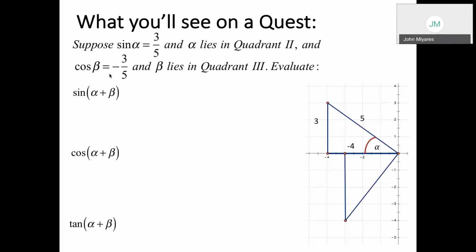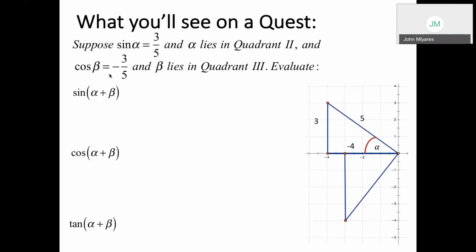This makes our opposite side y be 3 and our hypotenuse be 5. The adjacent side will equal -4, partly because this is a 3, 4, 5 triangle. We know the length of that side has to be 4, either positive or negative, but we also know it has to be -4 because we're in quadrant 2 and x values are always negative in quadrant 2.